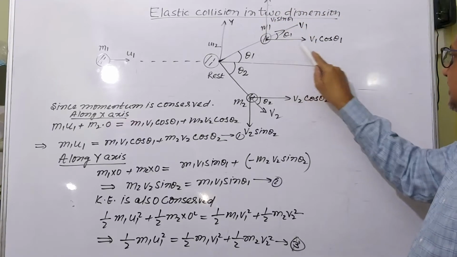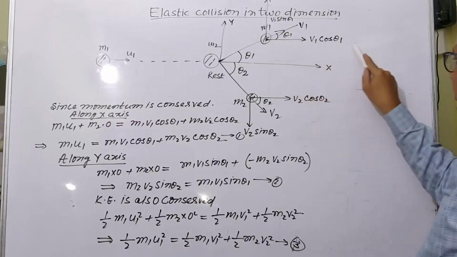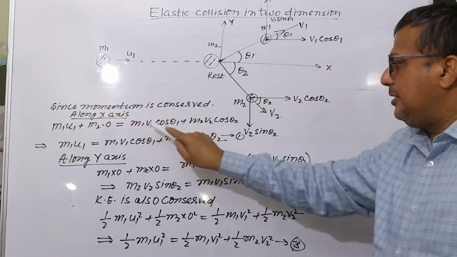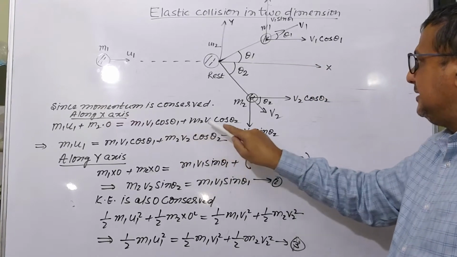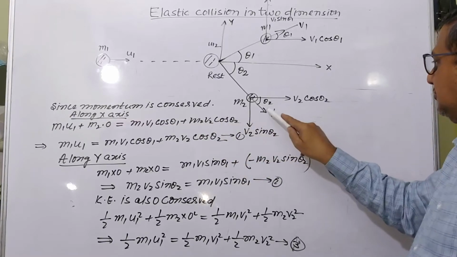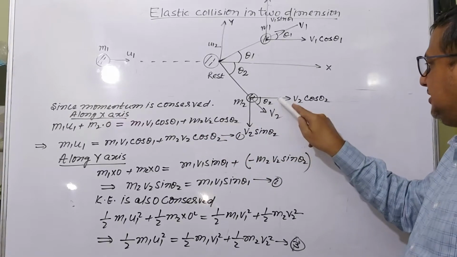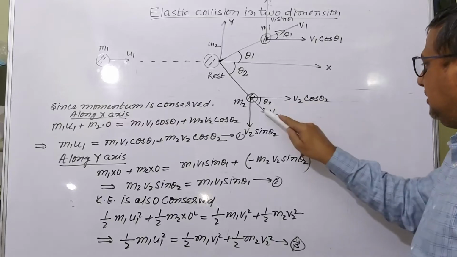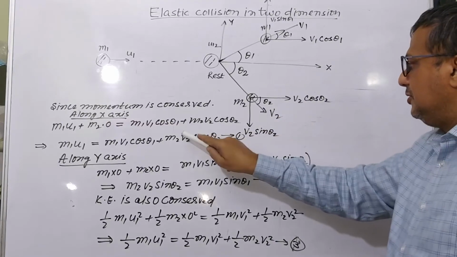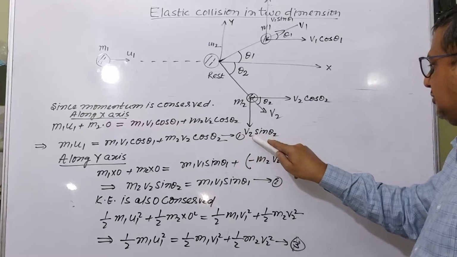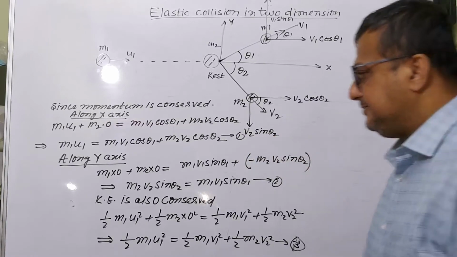We take the cosine component along the x-axis. Plus m2 v2 cos theta 2, since v2 is also resolved into v2 cos theta 2 and v2 sin theta 2.